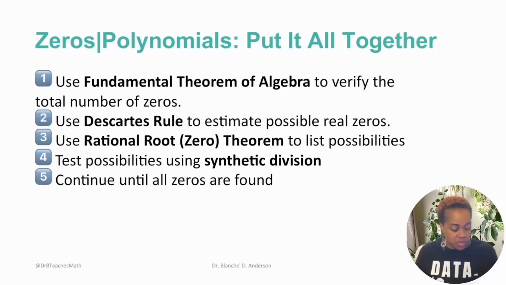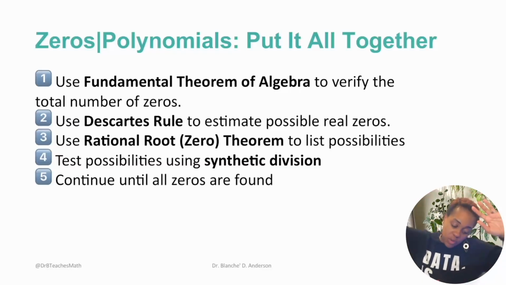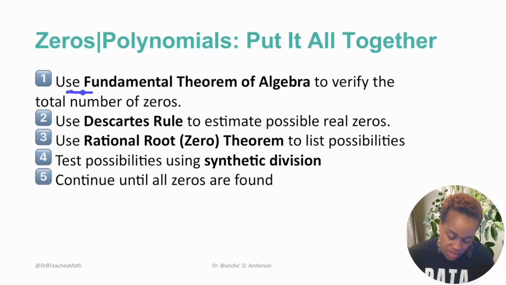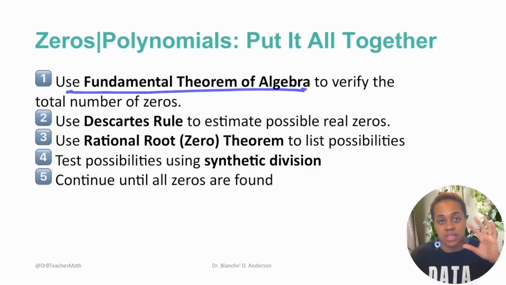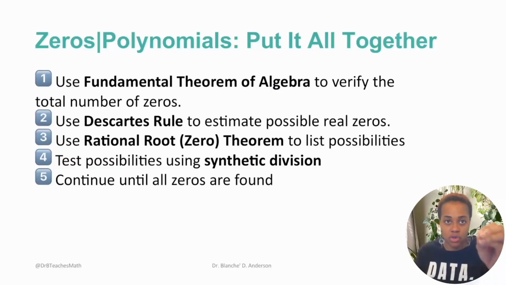All right, so let's put it all together. One last run. Let's put it all together and then we are done, I promise you. So we're going to go through these steps. We're going to use the Fundamental Theorem of Algebra to say how many zeros we think we have.